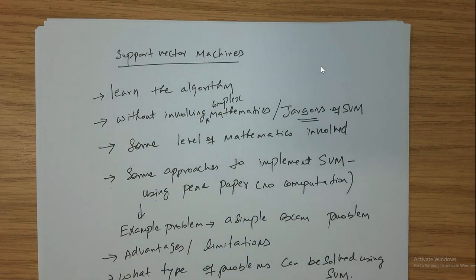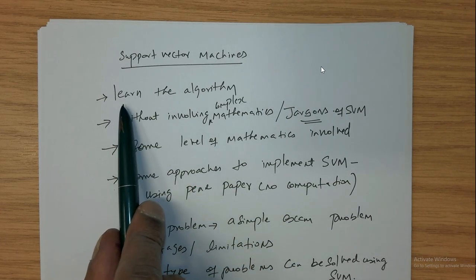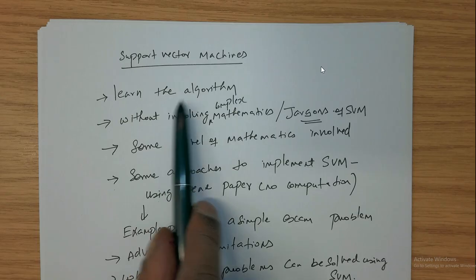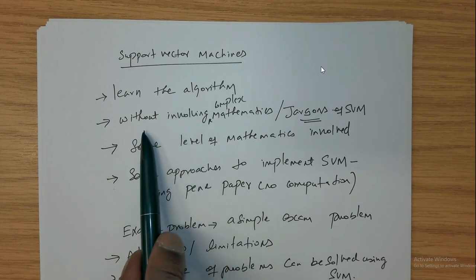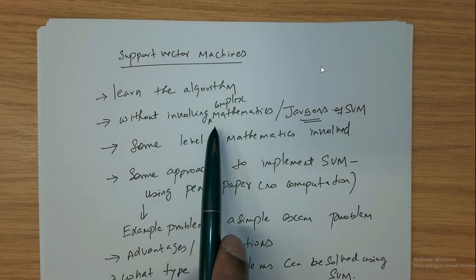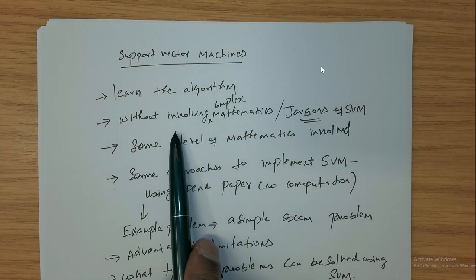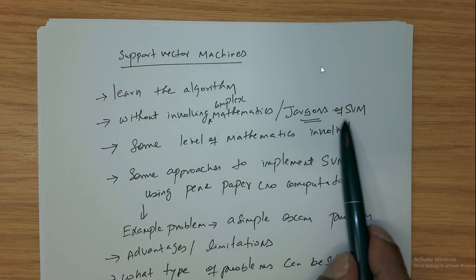So how we are going to approach this type of problem is, obviously, first we will learn the fundamentals of this type of algorithm. First we will see how this algorithm works without touching any mathematics, or at least we will not introduce any complex mathematics. At some stage we will try to learn about the jargons of support vector machines.